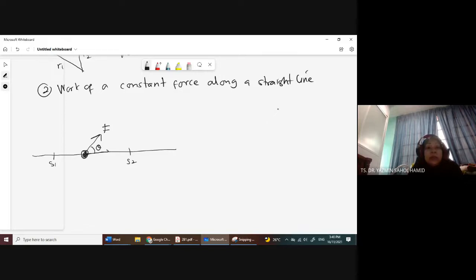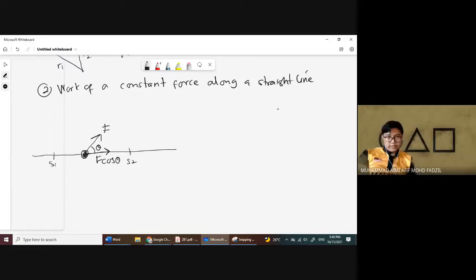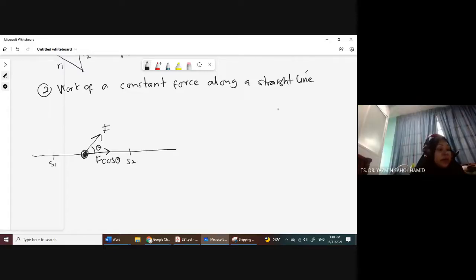So again, you need to resolve it. Understand? Yes, madam. Okay, so for this equation, the work from 1 to 2 equals the integration of F cos theta from S1 to S2, with distance ds.